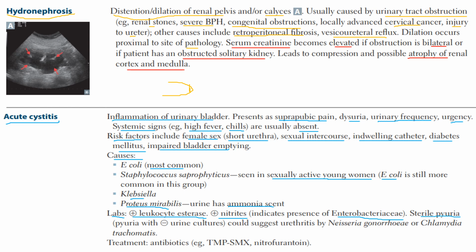Sterile pyuria with negative urine cultures could suggest urethritis by Neisseria gonorrhoeae or Chlamydia trachomatis. Treatment includes antibiotics such as trimethoprim-sulfamethoxazole or nitrofurantoin.